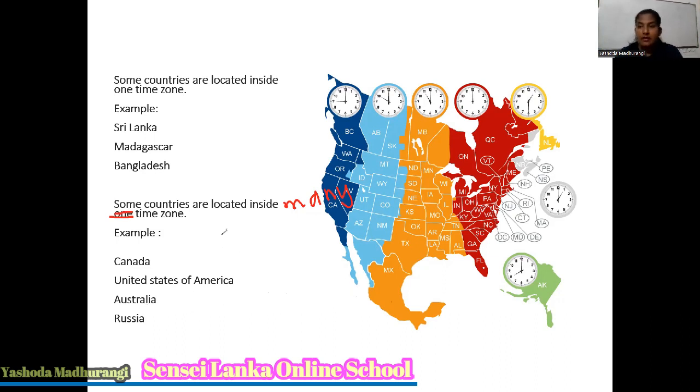They are very big. They have a very big land area. So they are covered by using several time zones. So inside one country, there are different clocks. Different times are used. But they have standard methods for that.